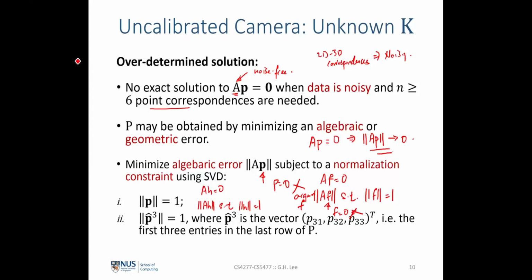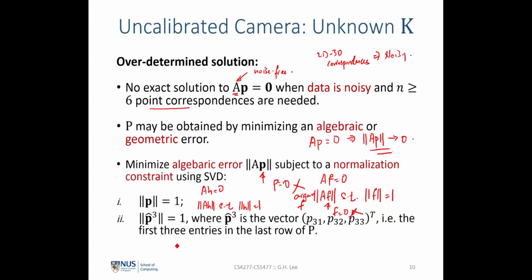So a second option here, which is not applicable to what we have looked at earlier in the case of the homography as well as the fundamental matrix, would be to subject the normalization to the P matrix, in particular the first three entries of the last row.